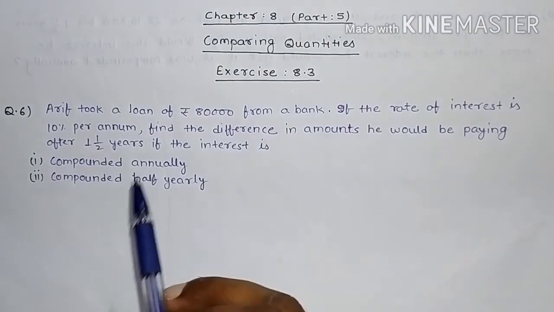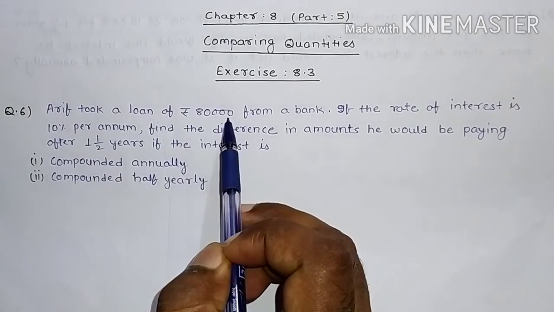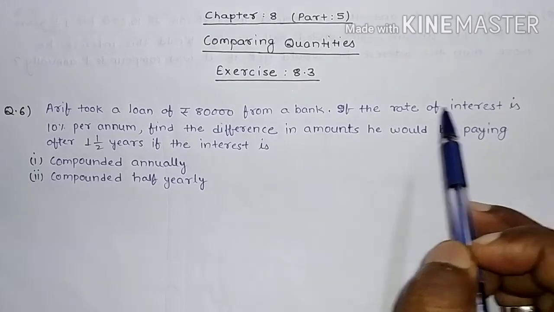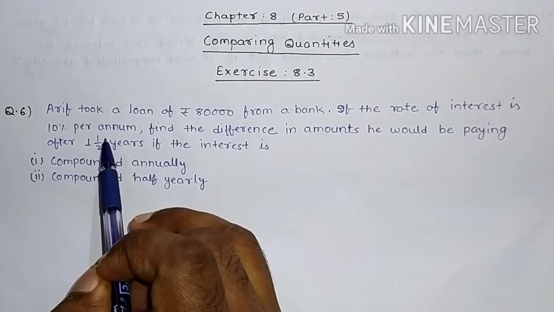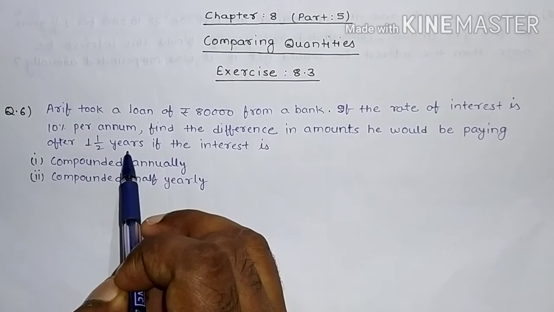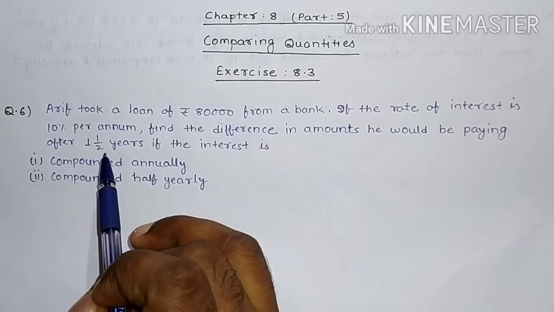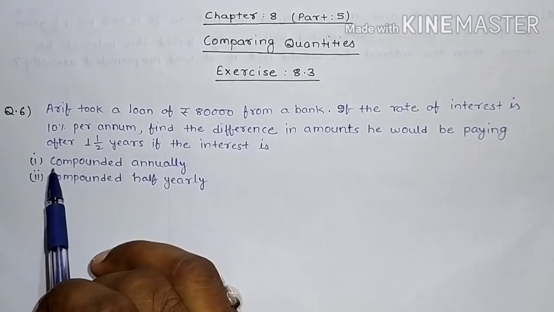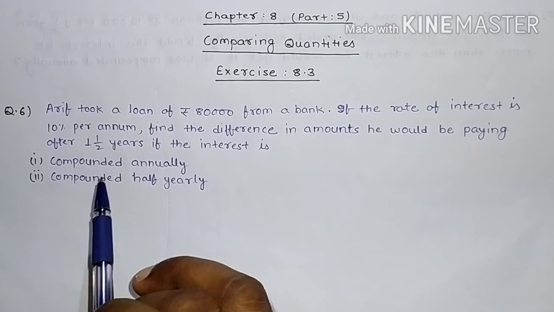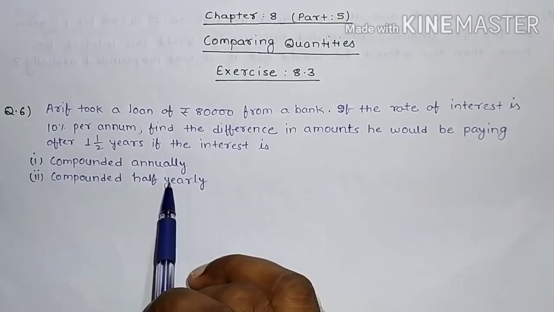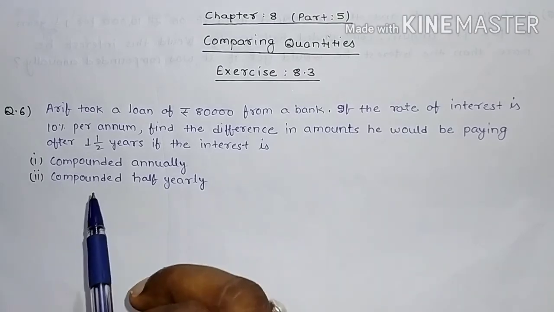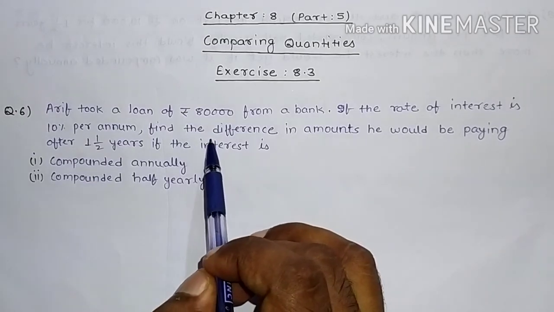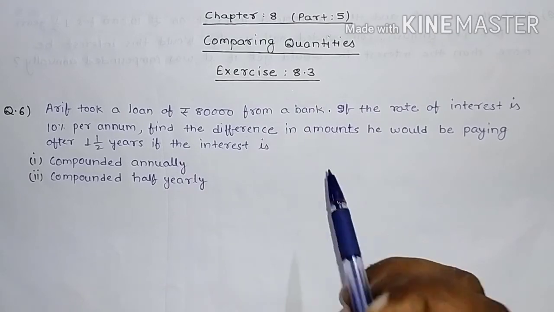Now in this question, 80,000 rupees is the principal, rate of interest 10% per annum, and time is 1.5 years. These three terms are given and we have to find the amount if interest is compounded annually and if interest is compounded half yearly, and then we have to find the difference of these two amounts.